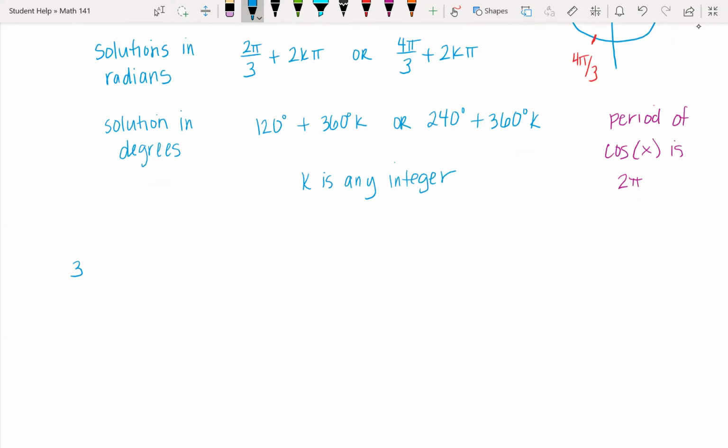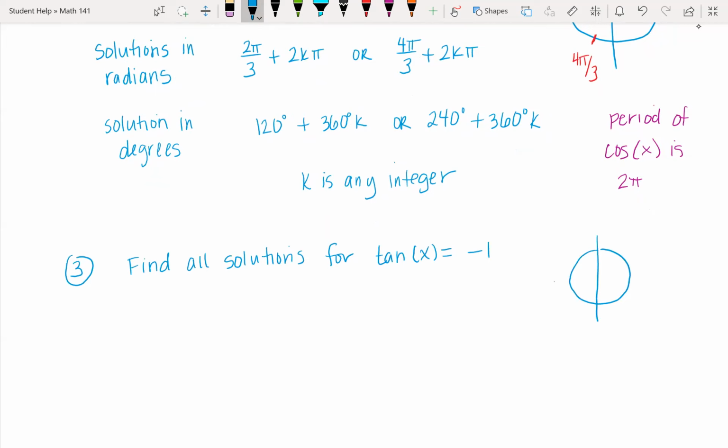Okay, for our third example, we're going to look at tangent instead. Find all solutions where the tangent of x is equal to -1. Well, tangent is negative in quadrant 2 and also in quadrant 4, right? And we know that the tangent is equal to 1 when we're at 45 degrees.